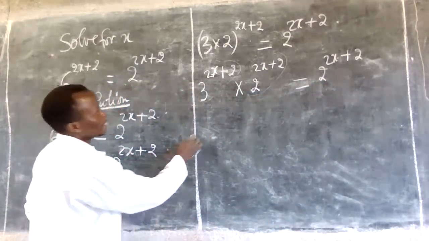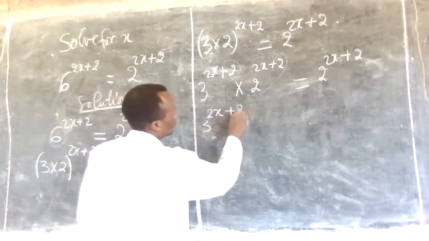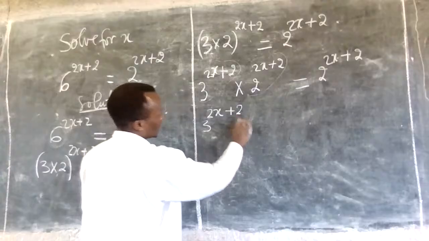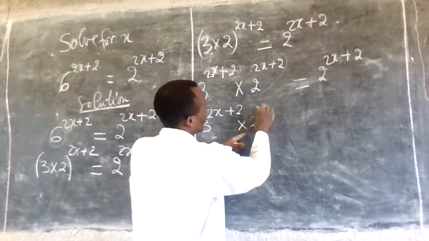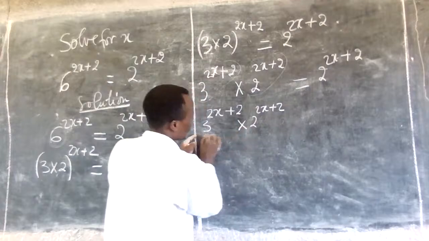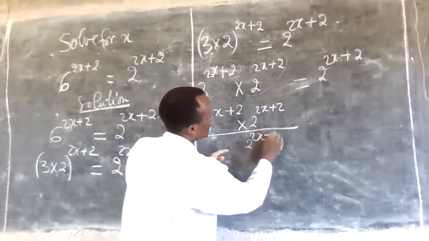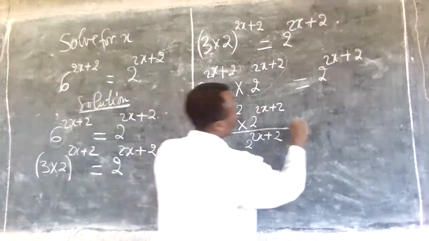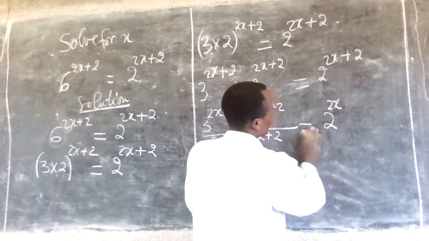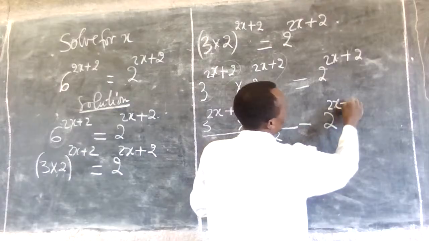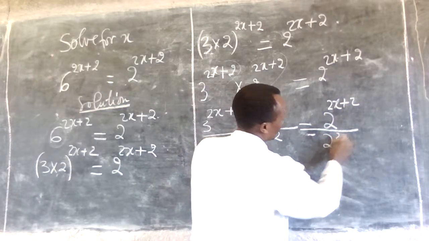It means 3 power 2x plus 2 times 2 power 2x plus 2 over that similar factor, 2 power 2x plus 2, which is equal to 2 power 2x plus 2 over also this factor.